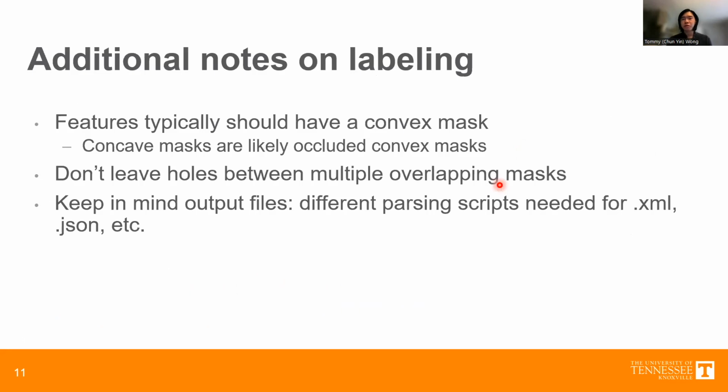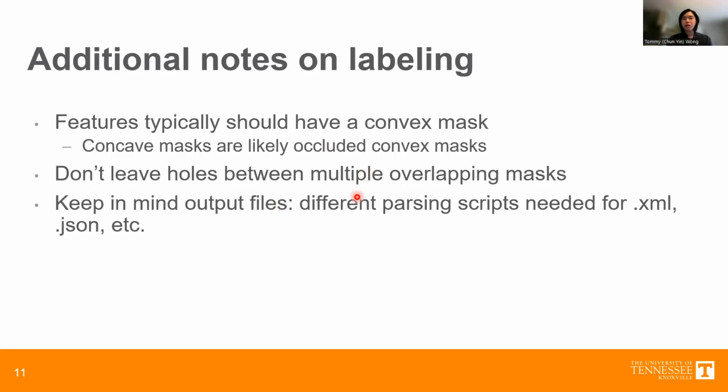So just a few notes before we begin labeling. Typically features have a convex mask. So for example, they're typically elliptical or straight or circular. Especially for defects such as precipitates or cavities or voids or all that kind of defects that you might observe.